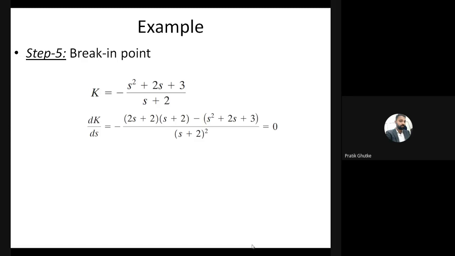This is the derivative of u by v rule, which all of you would be knowing. So see the calculation. I have to calculate the breakaway points, which will be valid and invalid, and depending on that, I will select the valid breakaway point.